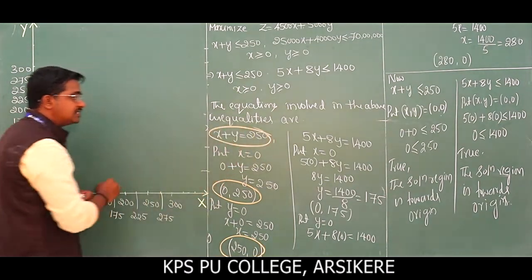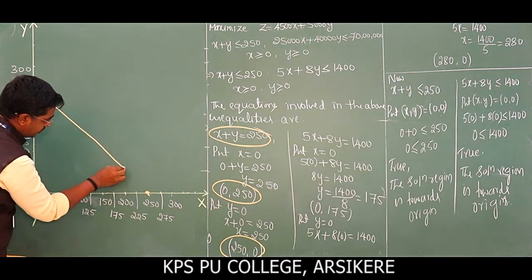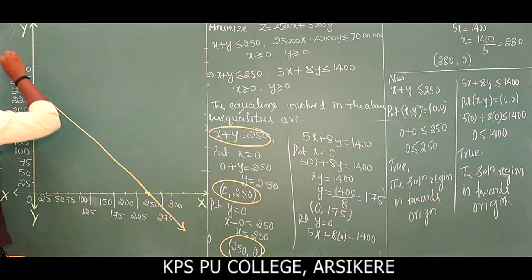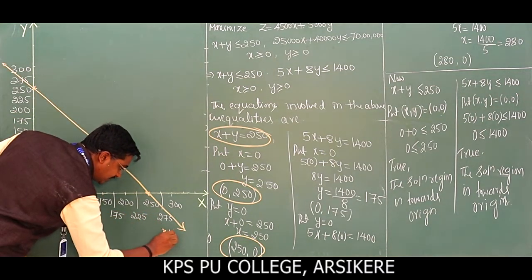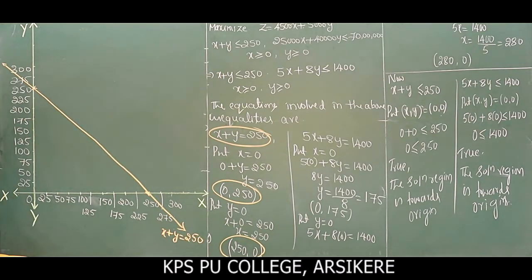First take the point 0, 250, which is on the y-axis, and another one, 250, 0, which is a point on the x-axis. Join these two points. Please use the scale while joining the points. So this is the line x plus y is equal to 250.